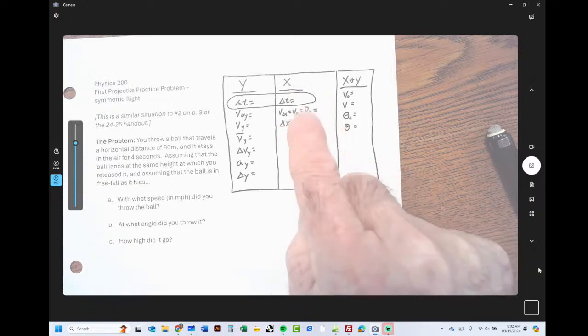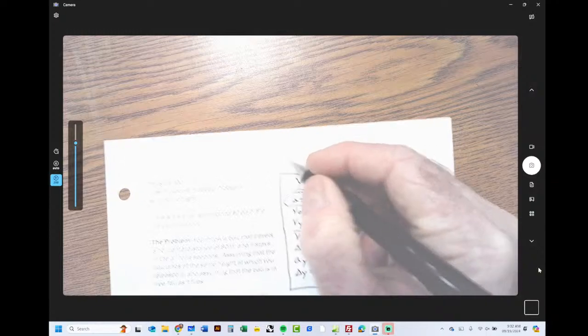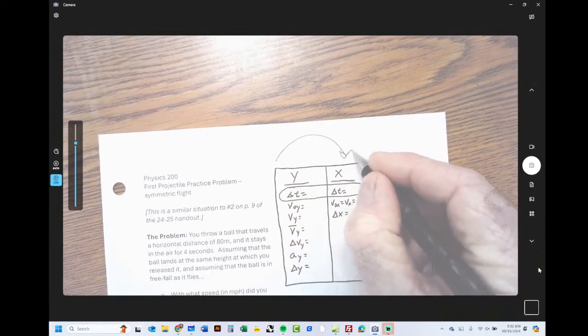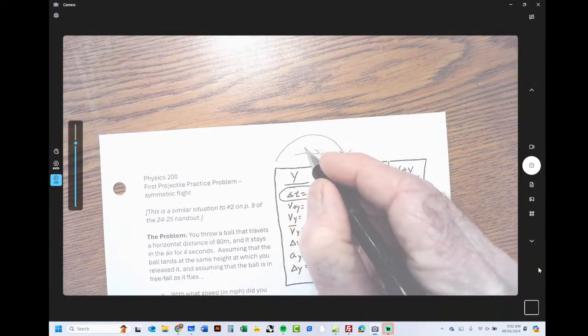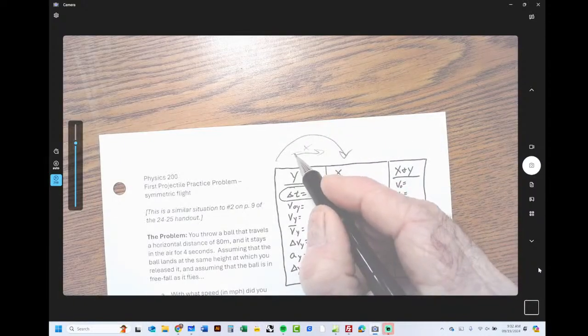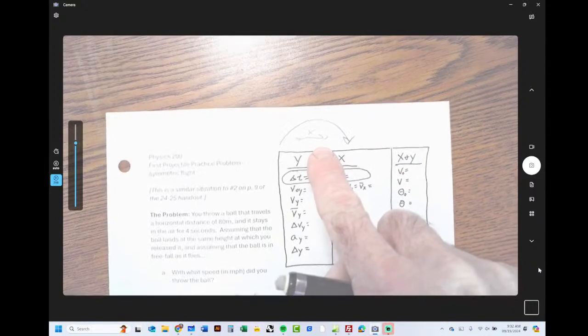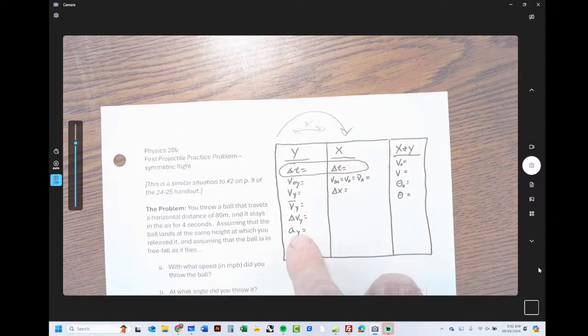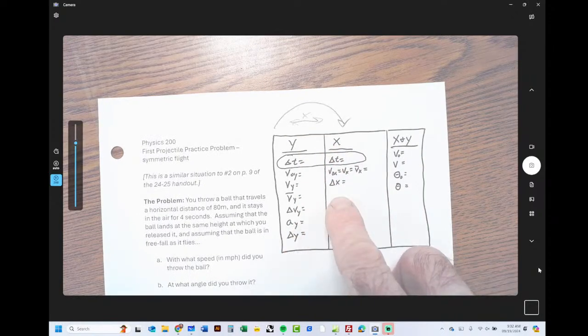It's because in the x dimension, so we'll be drawing another picture about like this in just a second. In the x dimension, going this way or this way, there's no gravity. There's no acceleration. So there is no acceleration in the x dimension for projectile problems ever.